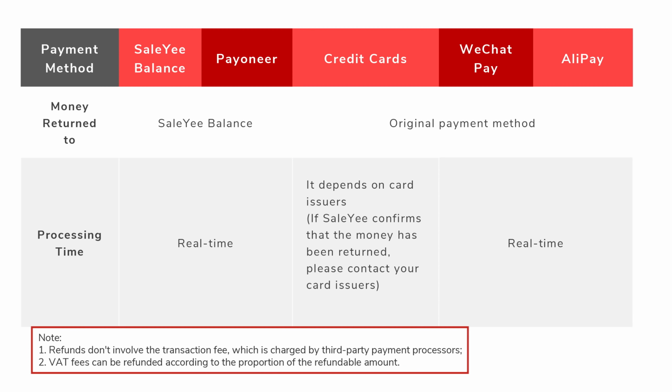Please note that refunds don't involve the transaction fee, which is charged by third-party payment processors, and VAT fees can be refunded according to the proportion of the refundable amount.